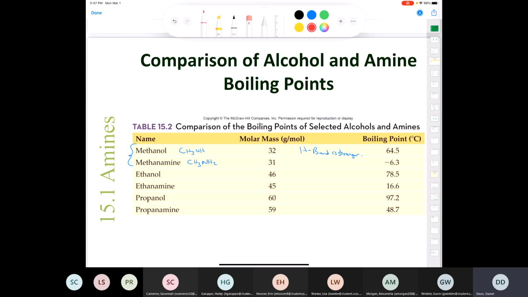We see the exact same thing here with ethanol and ethanamine. Ethanol would be CH3CH2OH. Ethanamine would be CH3CH2NH2. Again, same thing, H bond stronger. Did I put it in the wrong one? Yeah, stronger. So I'll move that up. That should be next to the alcohol. There we go. And then the exact same trend is seen here between propanol and propanamine.